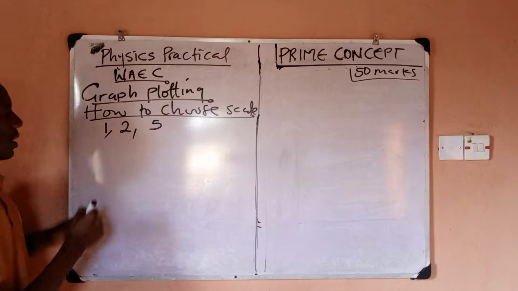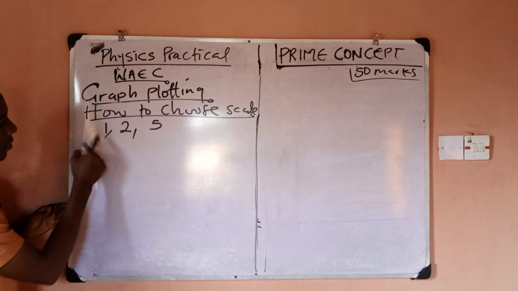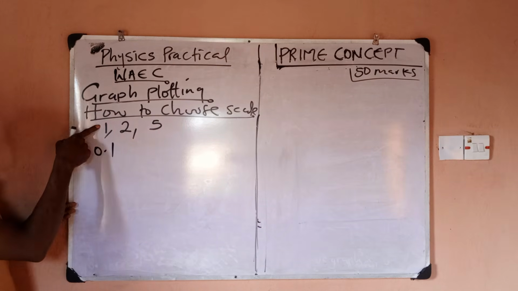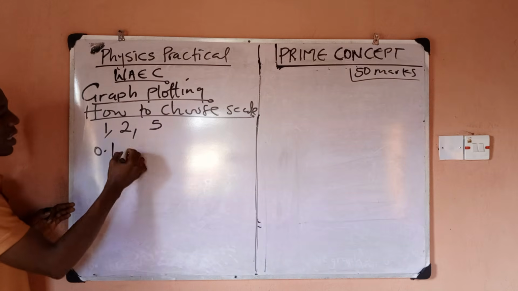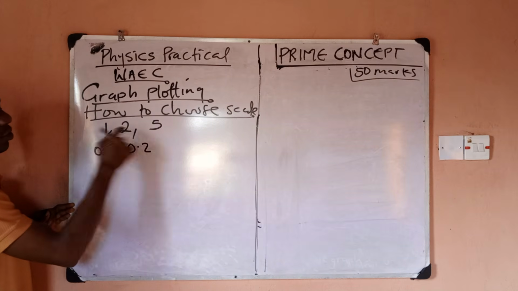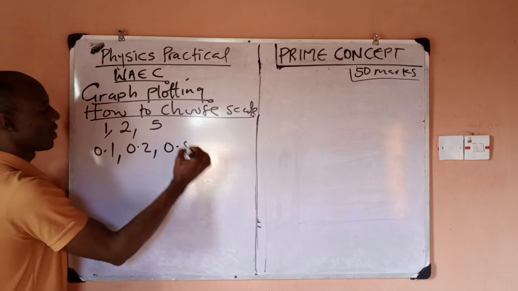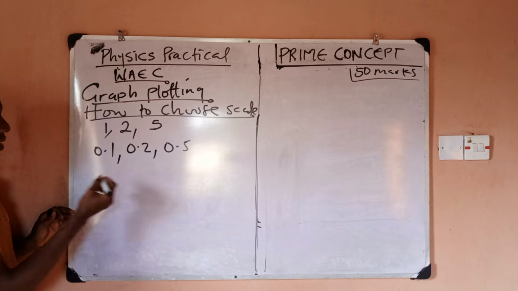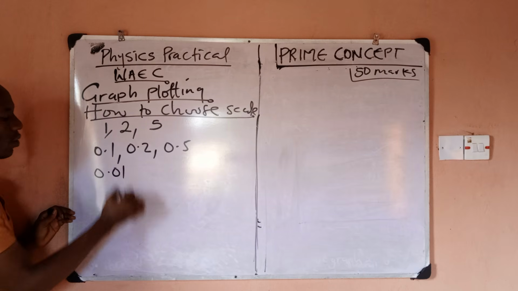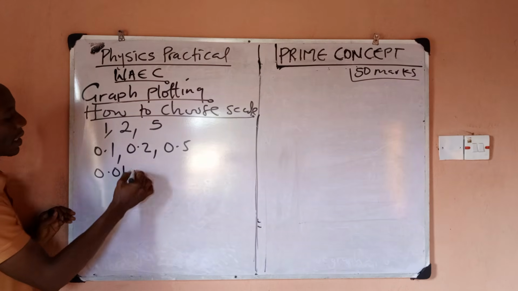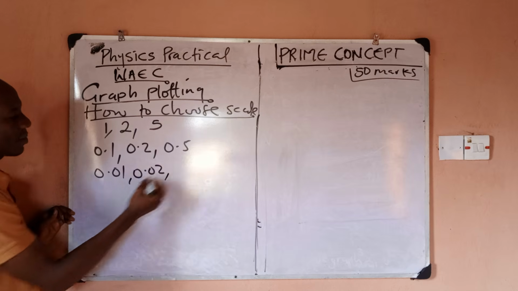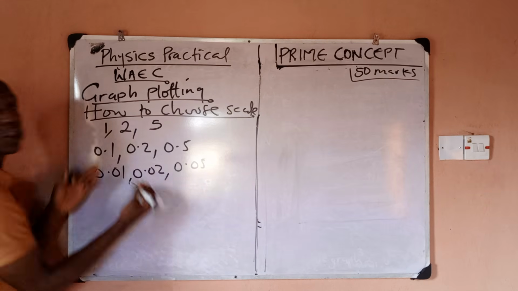What do I mean? I can use a scale of 0.1, it is derived from 1. I can use a scale of 0.2, derived from 2. I can use a scale of 0.5, which is accepted. I can even use a scale of 0.01, still derived from 1. I can use 0.02, I can use 0.05, and so on.